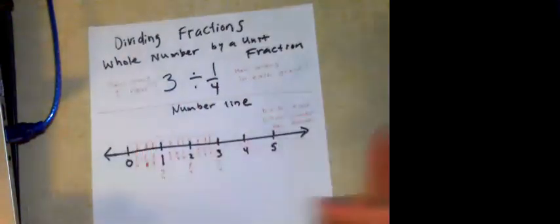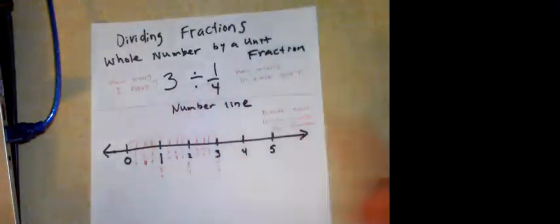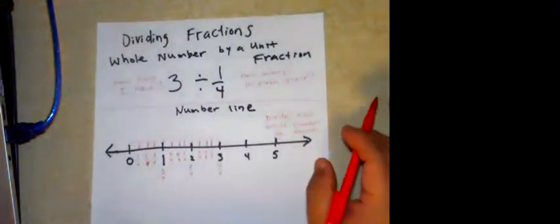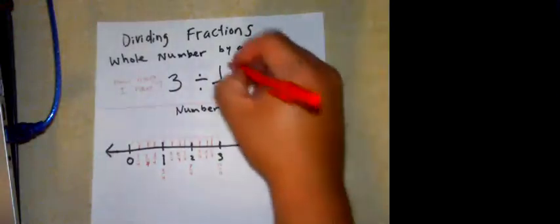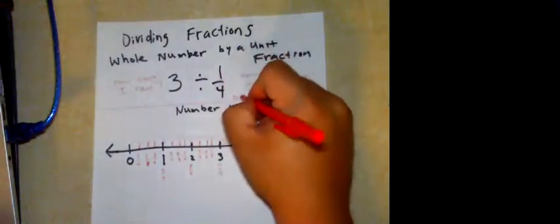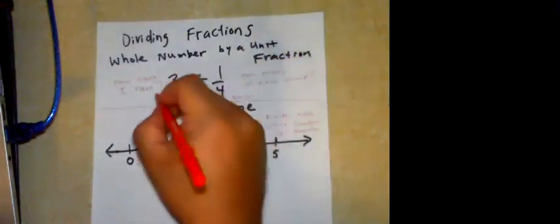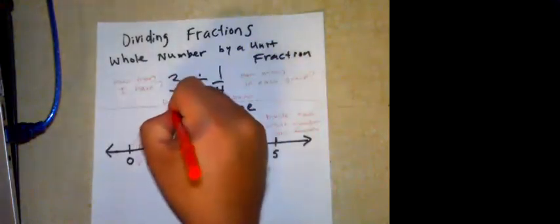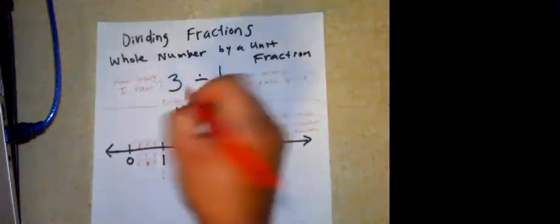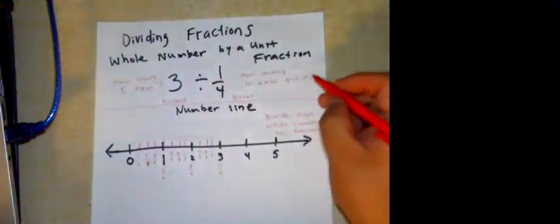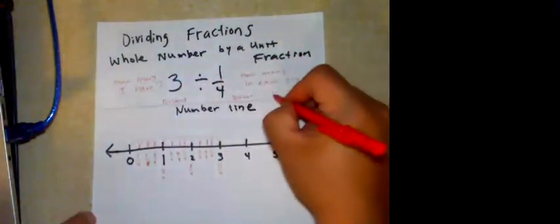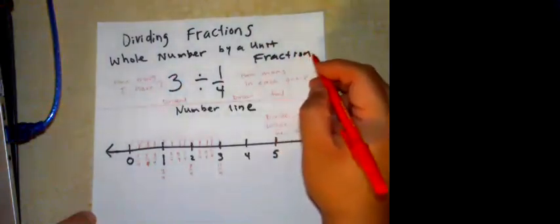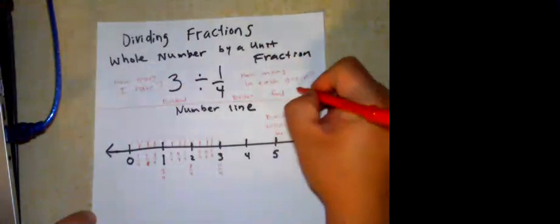So let's go ahead and label the parts of our division problem. We have our divisor. This is our dividend. And we're trying to find the answer, which is going to be your quotient. So find the quotient.